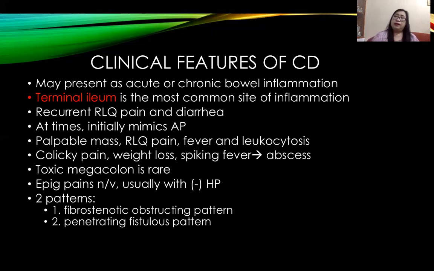Unlike in ulcerative colitis, where your patient will present with hypogastric, colicky pain, but not as severe as in Crohn's disease. Patients will present also with diarrhea, but with hematochezia or blood in the stool and mucus. Okay, so in Crohn's disease, what you have is recurrent right lower quadrant pain and diarrhea.